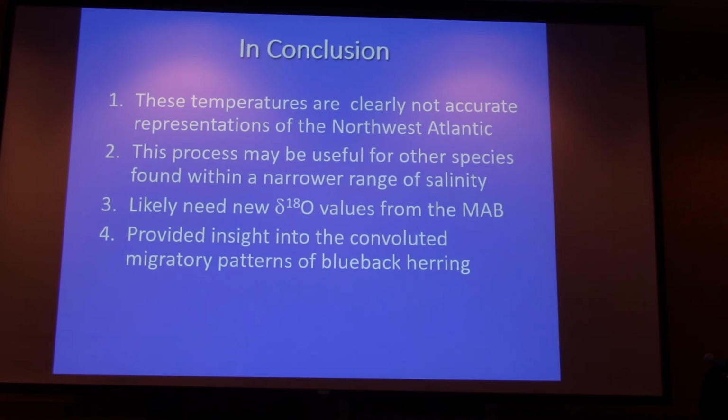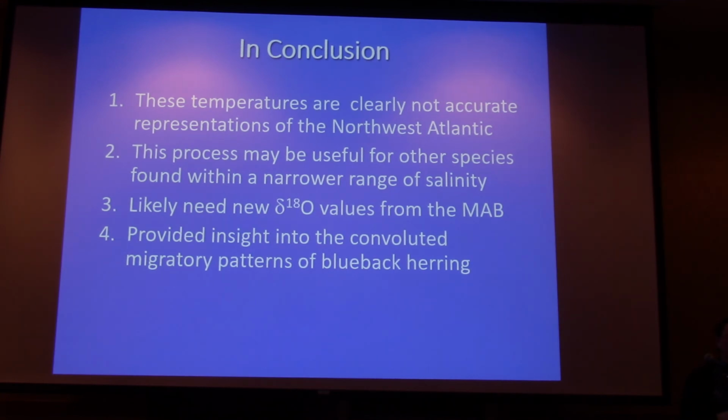It's likely that if we went and found a new set of values for the oxygen isotope ratios for the Mid-Atlantic bight, we might get better results. The values that we used are almost 40 years old.